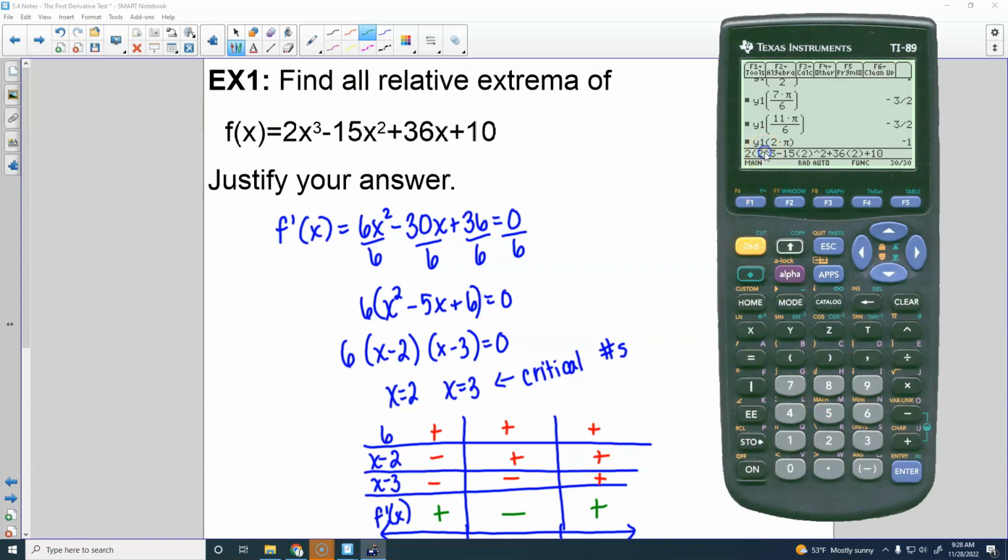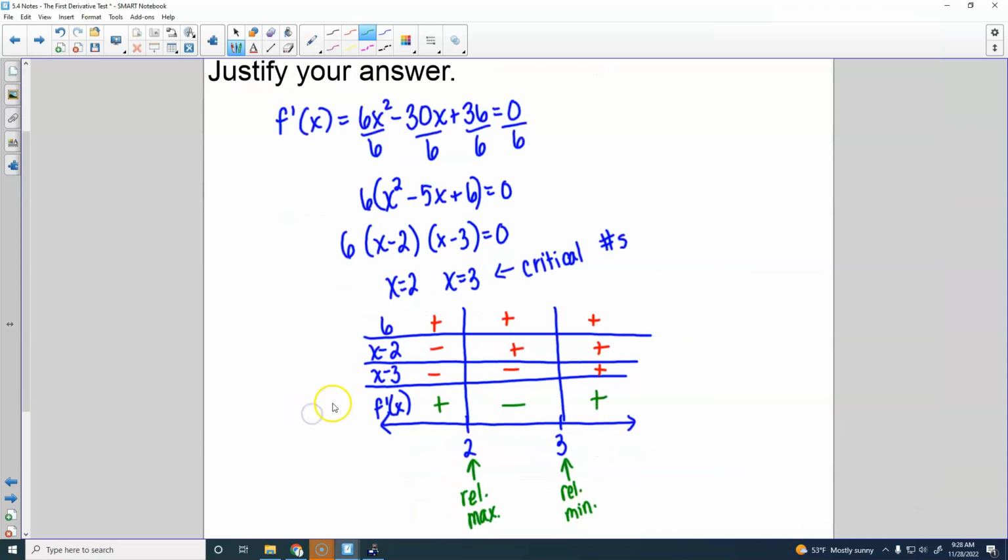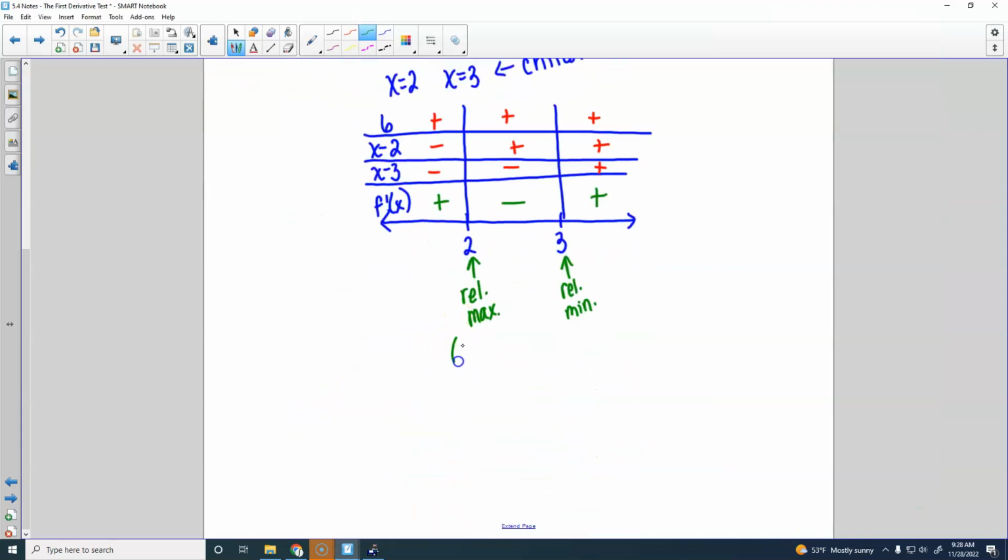Oh wait, I didn't close this parentheses right here. All right, that gives me 38. So here I've got the point (2, 38).